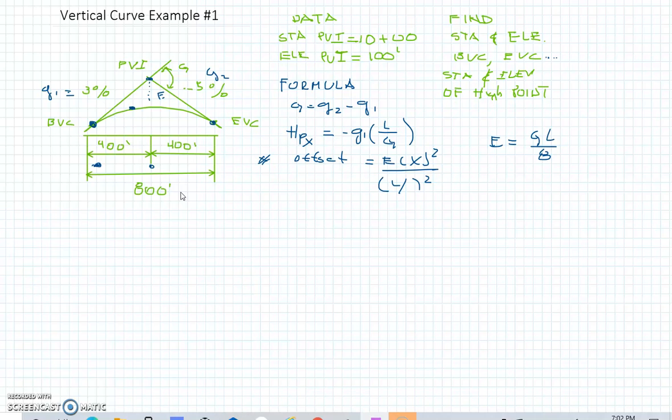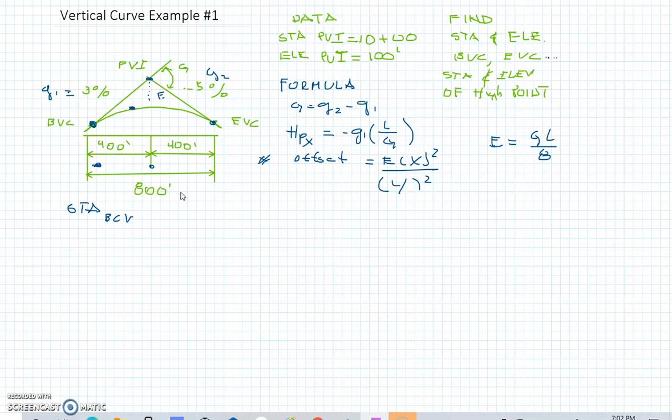So the first thing I want to find out is the station of the beginning of the vertical curve. That's very easy. 400 divided by 100 is 4 plus 0. I convert this into stationing.